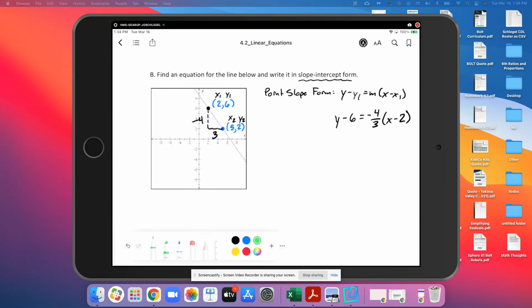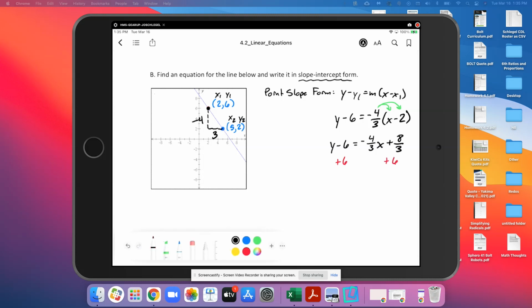So we're going to go ahead and do our cleanup work on the right side there, folks, where we will do the distributive property with that negative 4/3. And we will get y minus 6 equals negative 4/3 x. And a negative times a negative makes a positive 8 over 3. And so lastly, folks, the last thing that we need to do is add 6 to both sides.